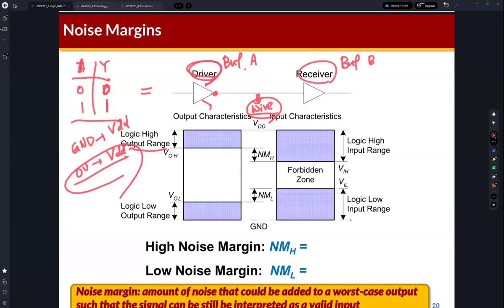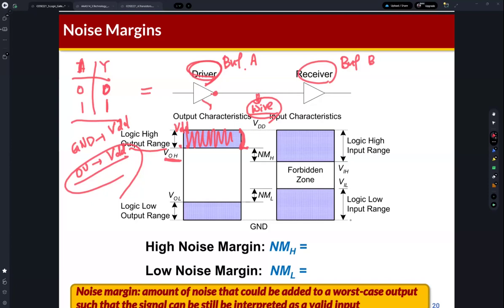When buffer A generates signal 1, a high voltage, this signal can range from VOH, which is a low threshold, to VDD. This is the allowed high voltage level generated by the buffer A driver.